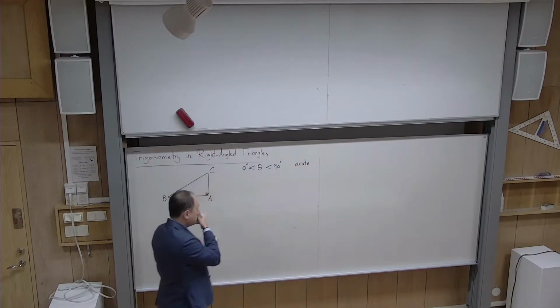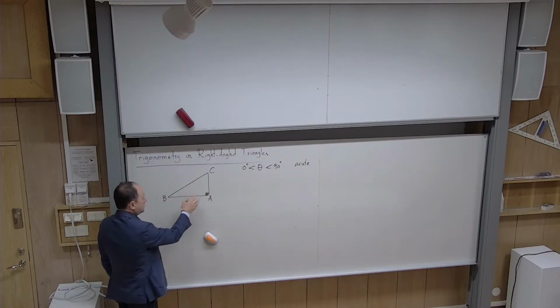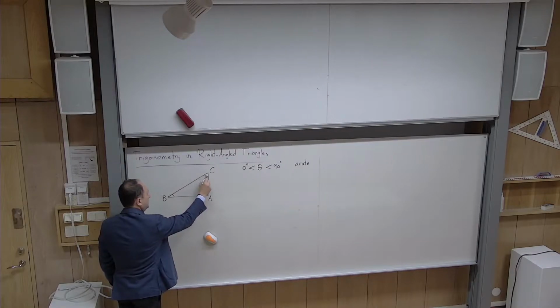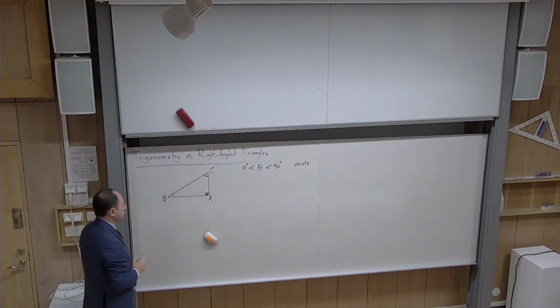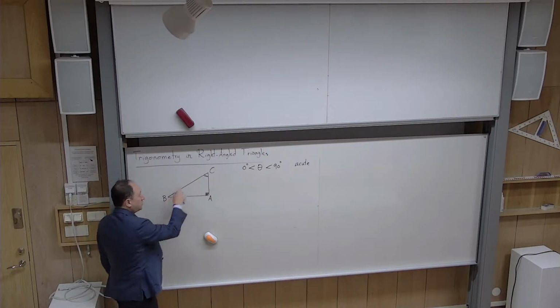In every right angle triangle we have two of those angles. One of them is B, for example, in this picture, and the other one is C. We can talk about sine, cosine, and tangent of B. We can also talk about sine, cosine, and tangent of C.